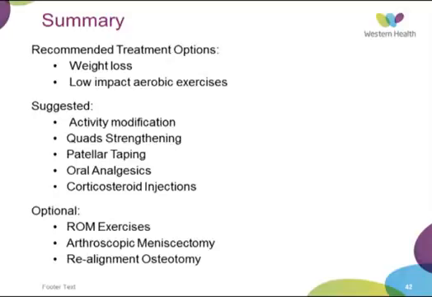Recommended treatment options: the non-arthroplasty treatment options are weight loss and low impact aerobic exercises, which were recommended. Other suggested treatment options were activity modification, quad strengthening, patella taping, oral analgesics, and corticosteroid injections. And other options are range of motion exercises, arthroscopy in the presence of torn meniscus or loose bodies, and realignment osteotomies.